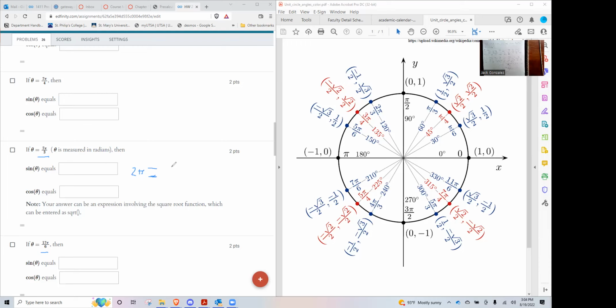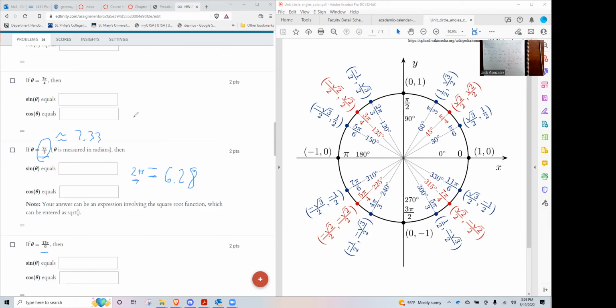So this is about 6.2. 7 pi thirds, if you multiply that out, 7 times pi divided by 3, this right here is about 7.33. So clearly this is more than 360, more than 2 pi. So just subtract.